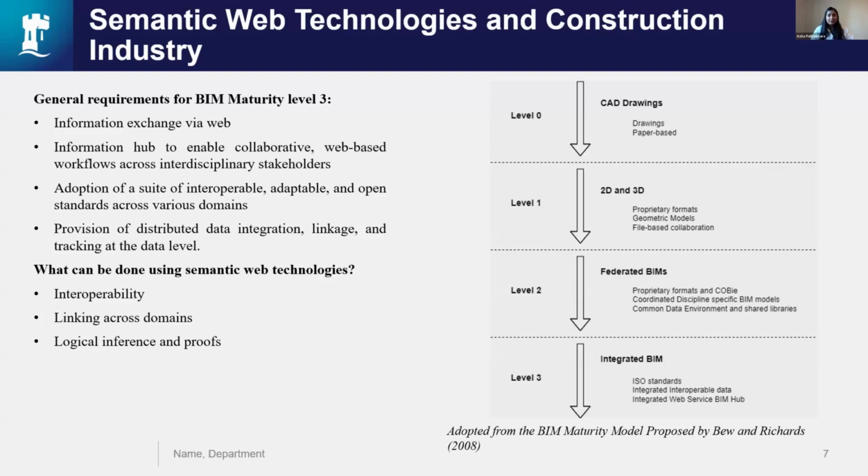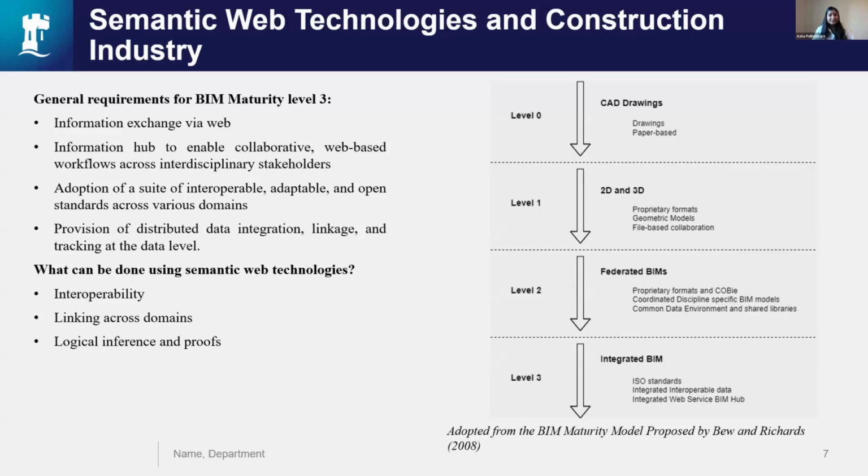This very idea of the semantic web has also been addressed in the BIM maturity framework. In the construction industry, there's this BIM maturity model proposed by Bill and Richard, where we talk about 4 levels.